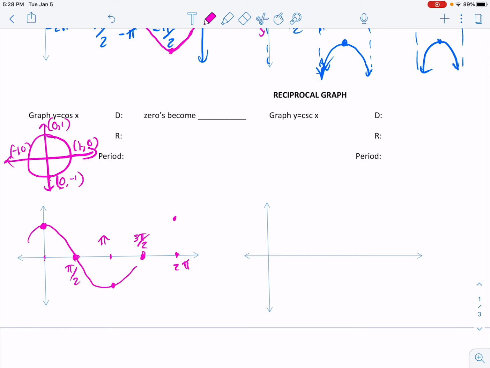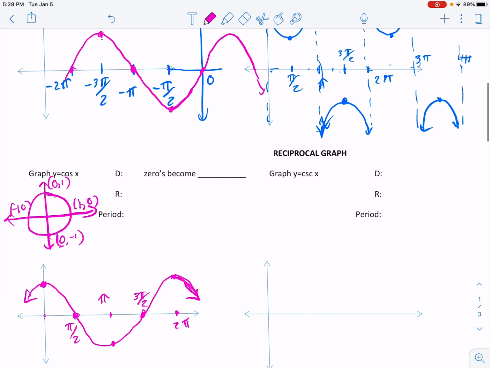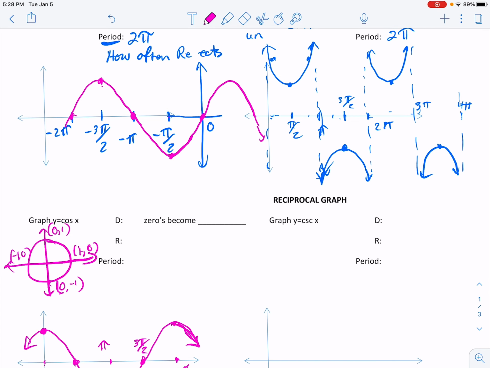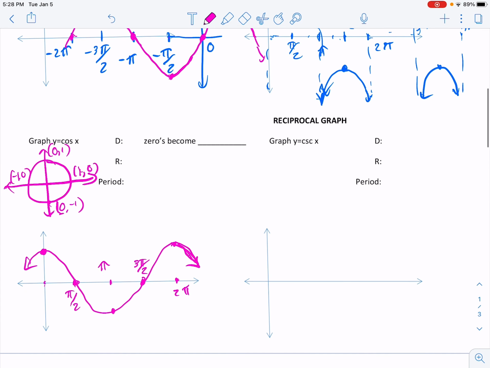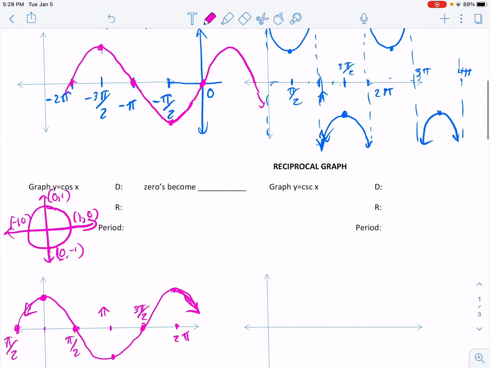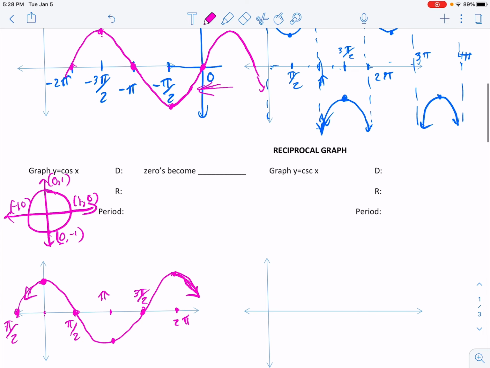It looks very similar to the sine function, only it's got, we call it a phase shift. Okay, it shifted over. Okay, our graph started here at 0 and went up. That's over here at negative pi over 2. It would have been 0. So I shifted the sine graph to the left a half a pi over 2. All right, my domain is still going to be all reals.